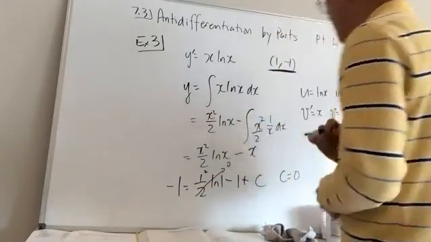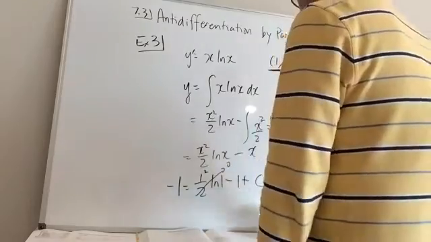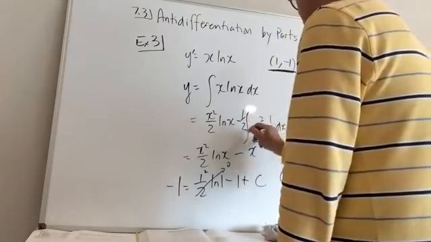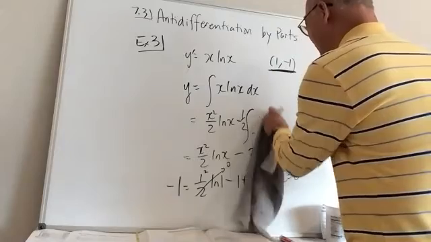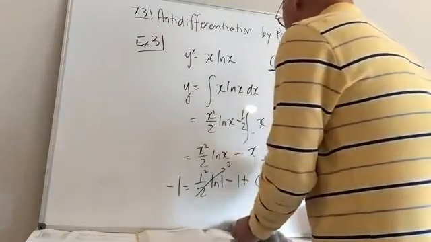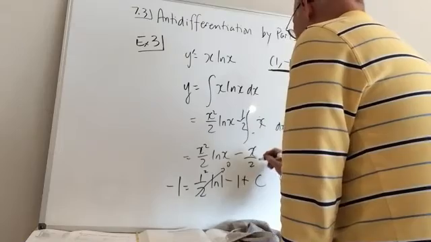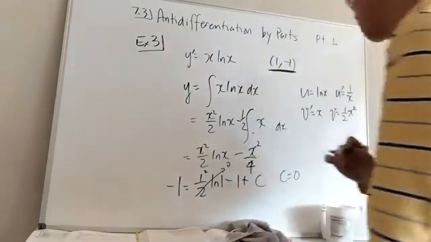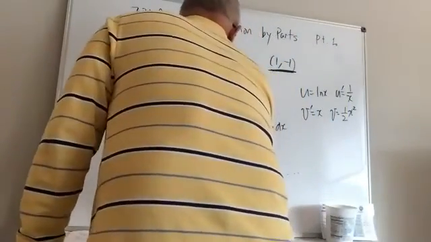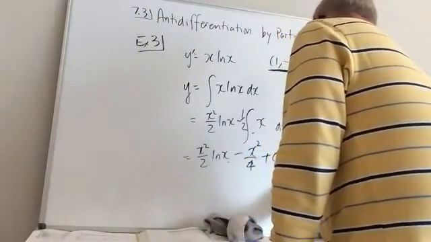So this becomes what? 1/2 of just x, right? So x is going to be squared 1/2. Okay, so this is where I was, plus c.